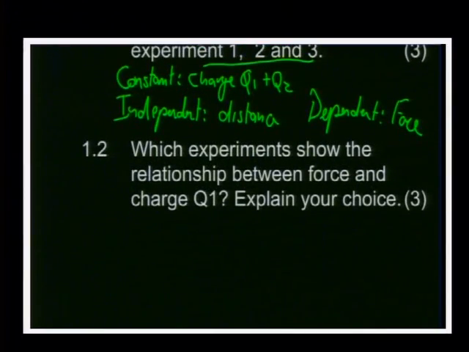Which experiments show the relationship between force and charge Q1? Now, this is very important to take note of. We're wanting force. Force is the dependent variable. So we want to look at where Q1 has been changed and everything else has stayed the same.